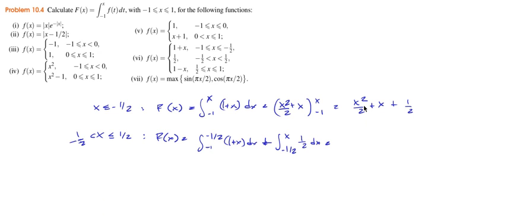Now this evaluated at -1/2 is 1/8, plus, and then we have this is x over 2 between x and -1/2. So this is x over 2 plus 1/4. So this is 3/8. x over 2 plus 3/8.